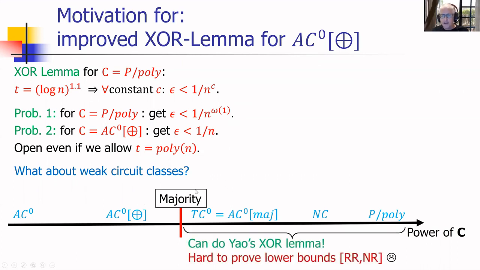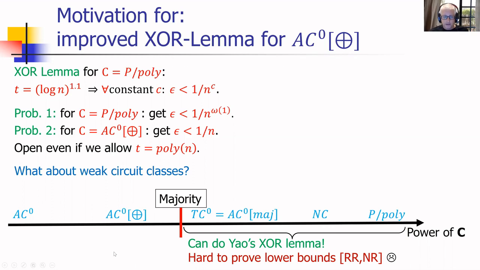And it turns out that the following thing happens. Once the class is sufficiently powerful to compute majority, then we can prove Yau's XOR lemma, so that's great. But then the natural proofs barrier of Razborov and Rudich kicks in, and it is hard to prove circuit lower bounds.